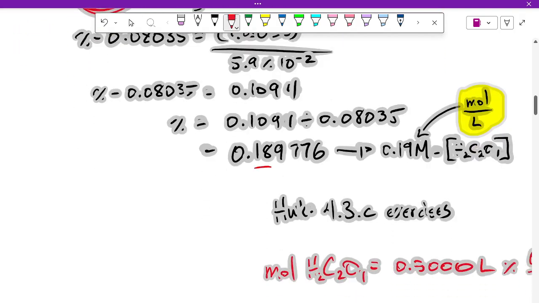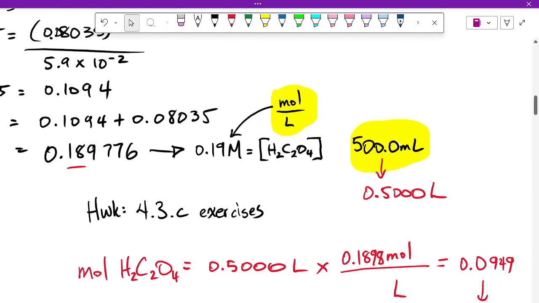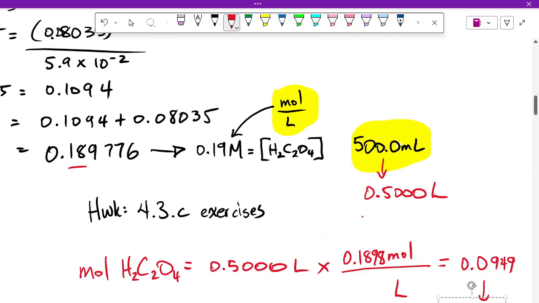So this actually has 2 sig figs. That number there, even though I've written more digits, has 2 sig figs. So you got to go back and go, what's in my question? Did I use a Ka from the table? Anytime you use a Ka from the table, you are limited to 2 sig figs. Okay, that was a good question though, because you are not the only person thinking that.